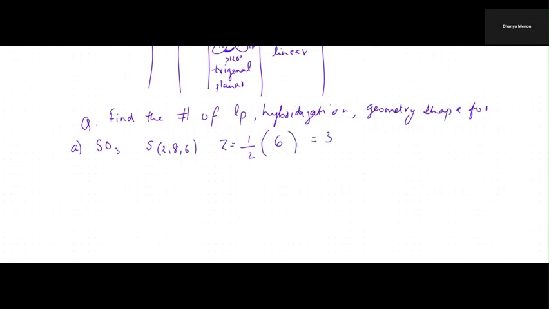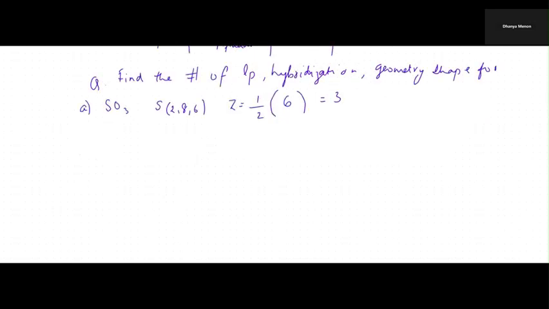So Z value is 3, that means sp2 hybridization. Z value is a sum of lone pair plus bond pair. Sulfur is forming 3 bond pairs, so lone pair is equal to 0.